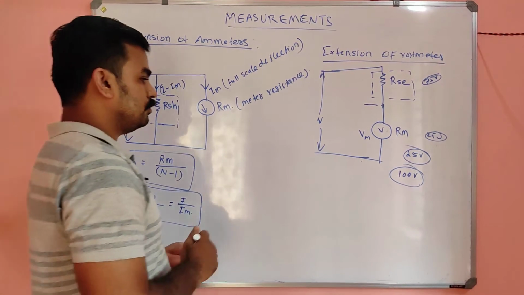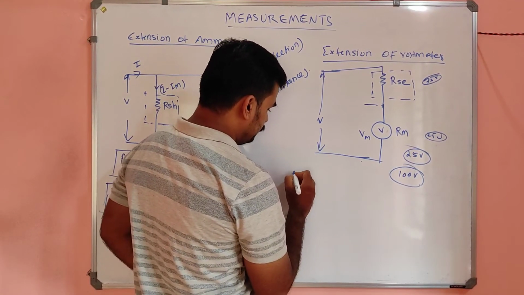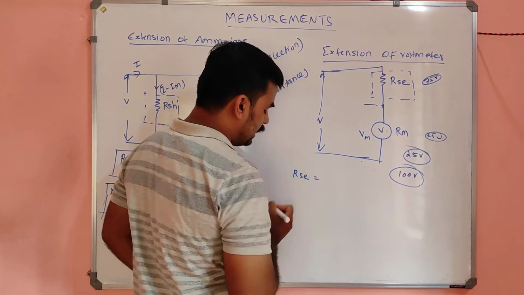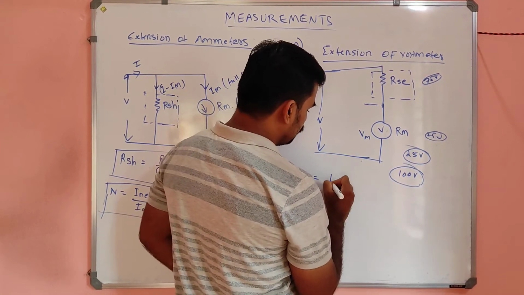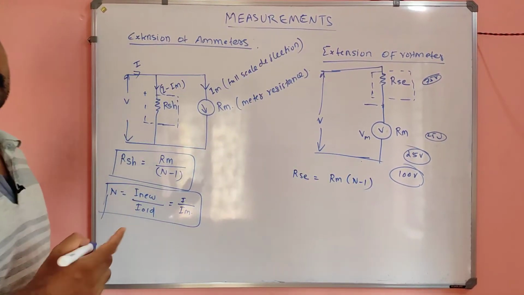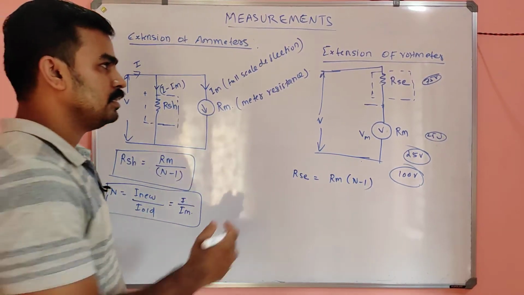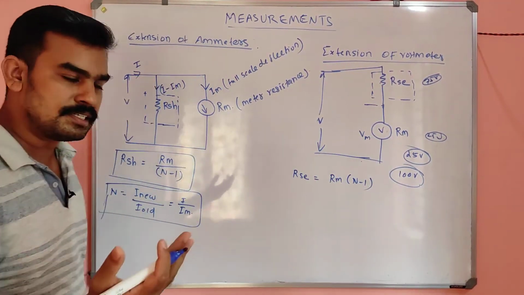And here also, the value of the series resistance Rs is equal to Rm into (n minus 1), where Rm is the meter resistance, you know that.